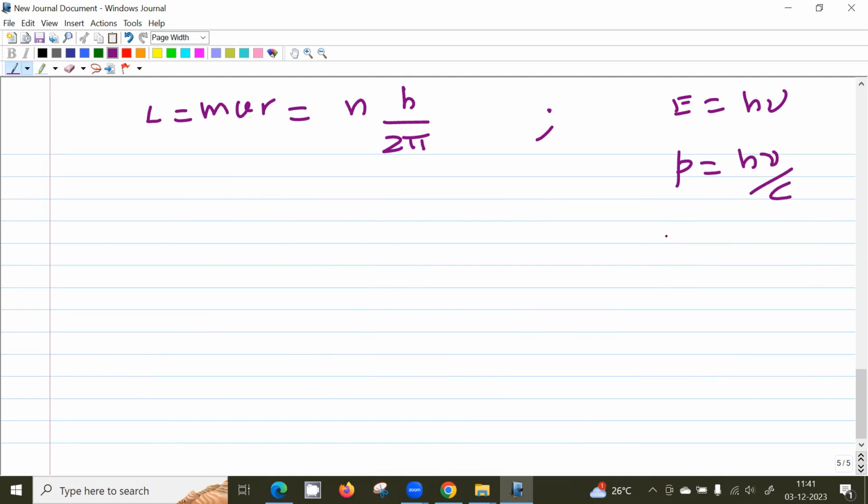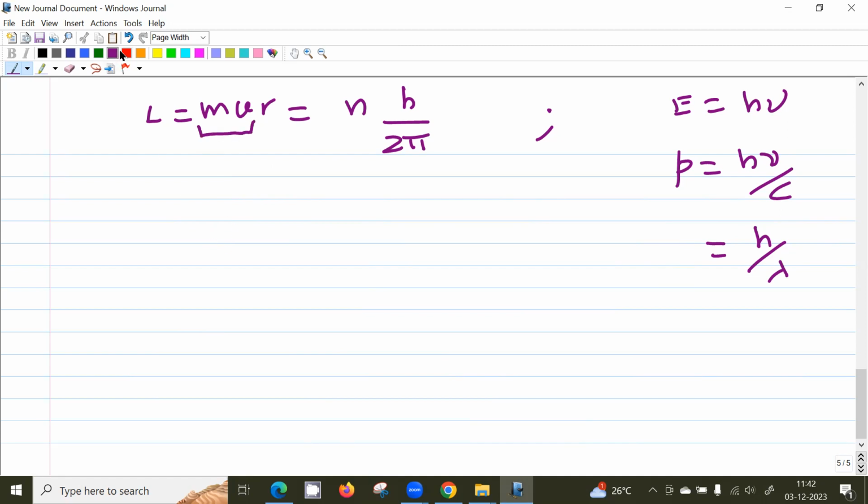Okay, so from this I'll get p equal to h by lambda, since c by nu is lambda. Okay, so mvr equal to n h by 2 pi. So mv is the momentum, right?